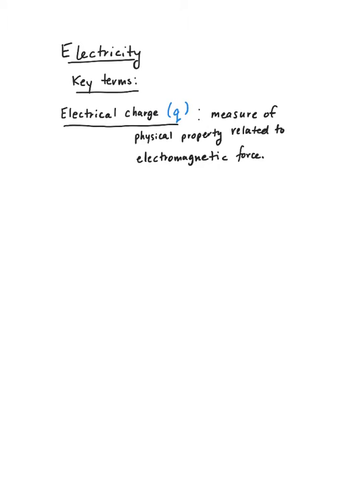We measure electrical charge using units called coulombs. So electrical charge is measured in coulombs. Coulombs, abbreviated capital C, gives us a measure of the amount of charge transported in 1 second by a current of 1 ampere.